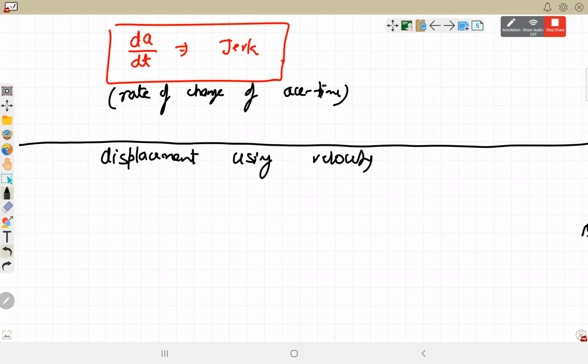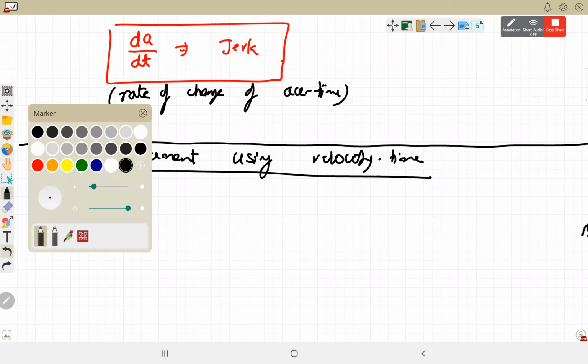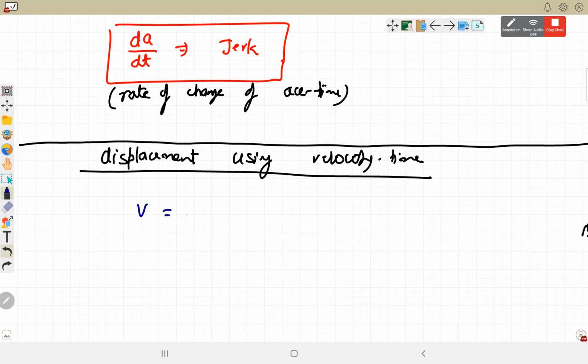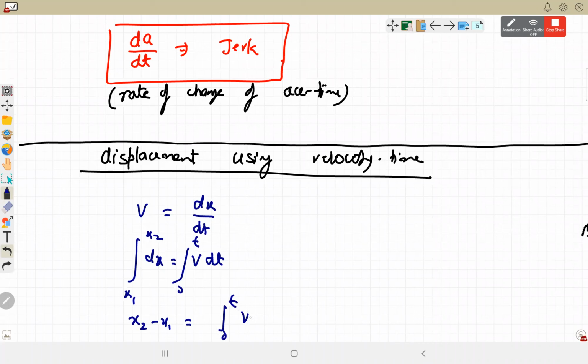When we integrate velocity, we get change in position, and change in position is displacement, right? v is equal to dx by dt, cross multiply, dx is equal to v dt, and then we integrate on both sides, initial to final, 0 to t. x2 minus x1 will be equal to the integration of v dt. x2 minus x1 represents displacement.